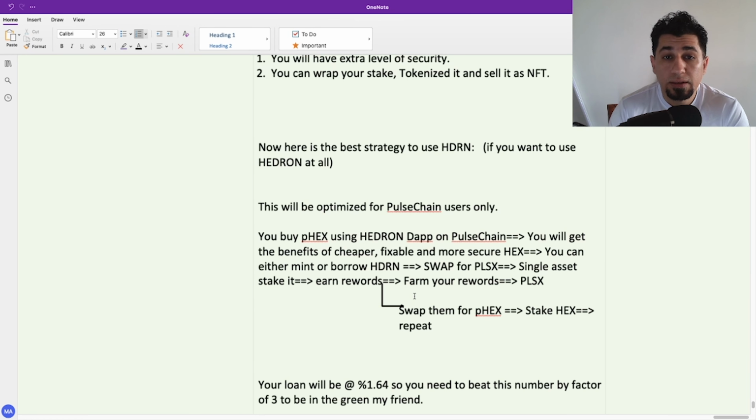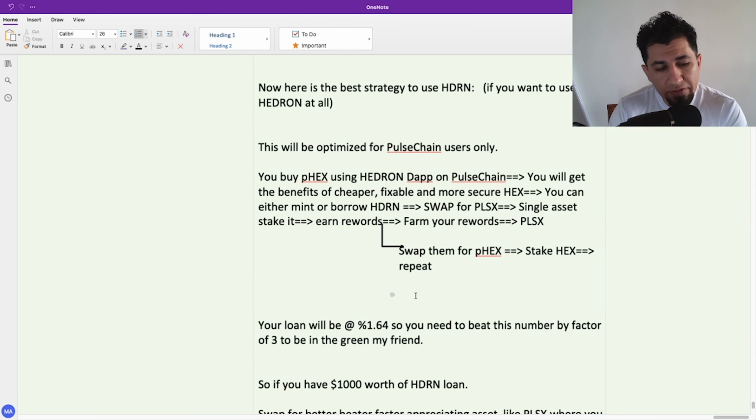Let's continue. Now, keep in mind, your loan will be in the form of HEDRON, and your loan will be at a 1.64% interest rate, assuming that HEX will maintain its 40% APY. So you need to beat this number by a factor of 3 to be in the green, my friend.